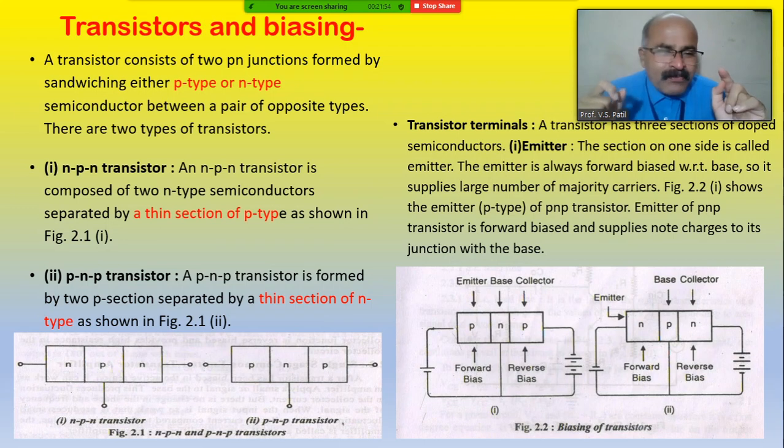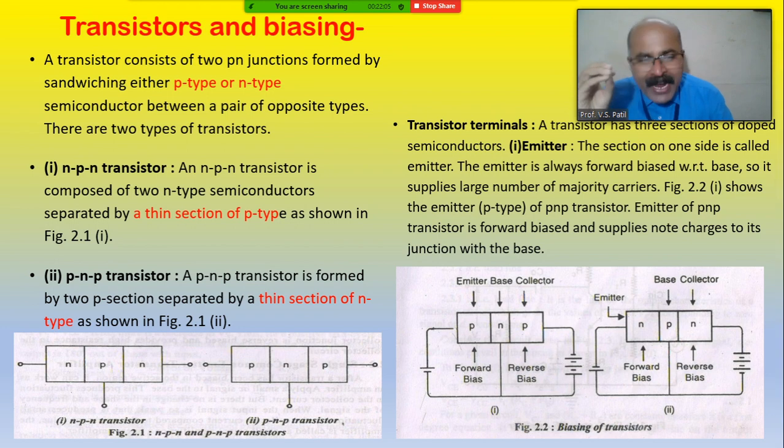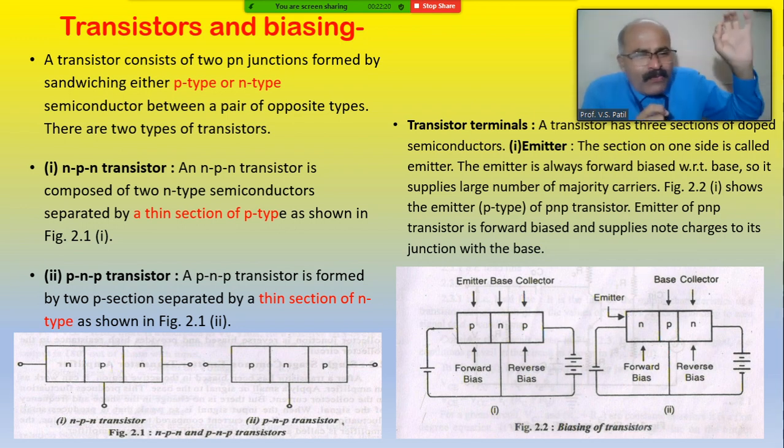So to operate the transistor in the active region, we have to bias it properly. And to bias it properly, there are different methods for biasing the transistor. The transistor is biased by different methods.